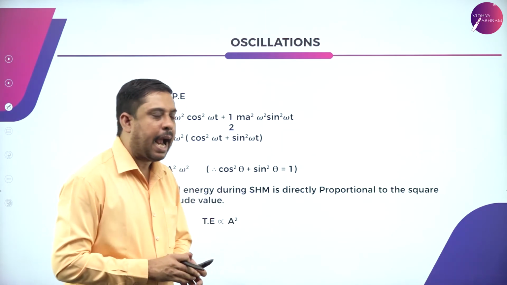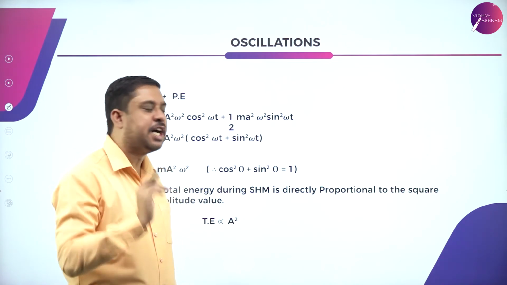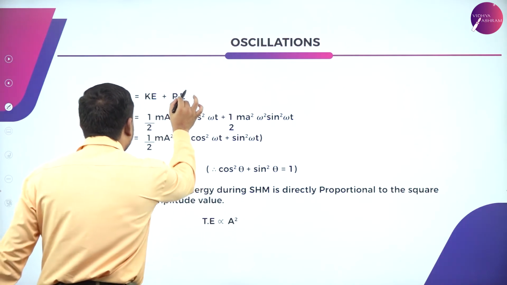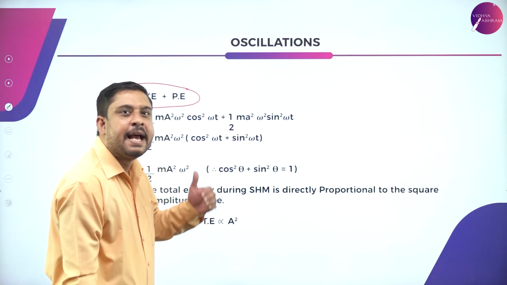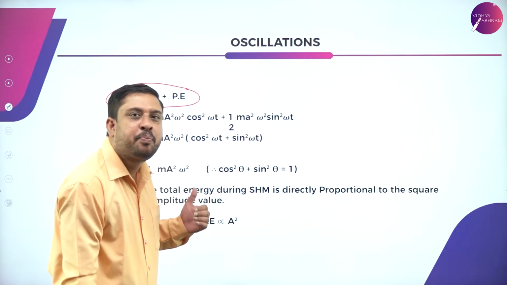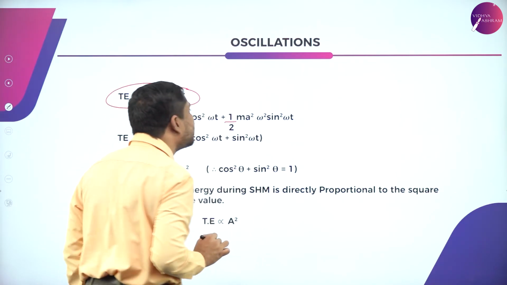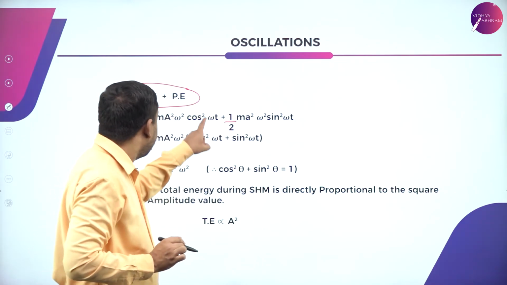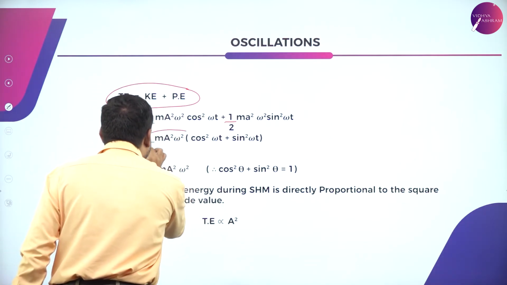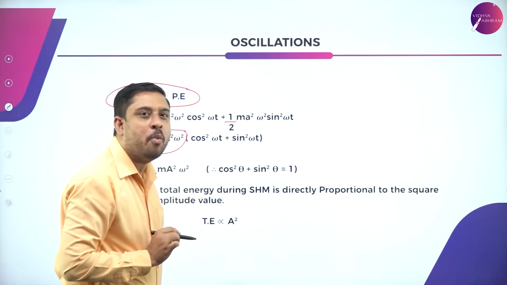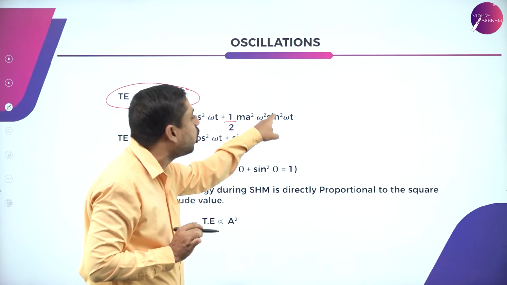Now adding them together. If you observe the expression, I told you total energy is nothing but kinetic energy plus potential energy. So I am adding those terms together. Observe, half m a square omega square is common in both expressions.